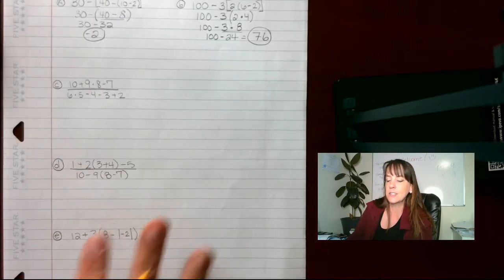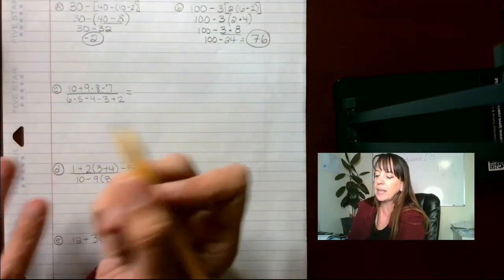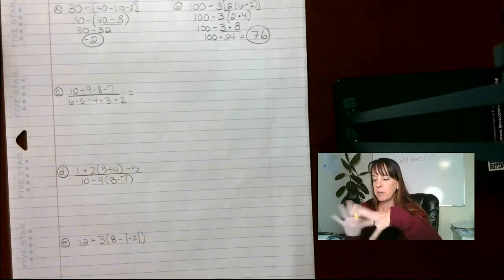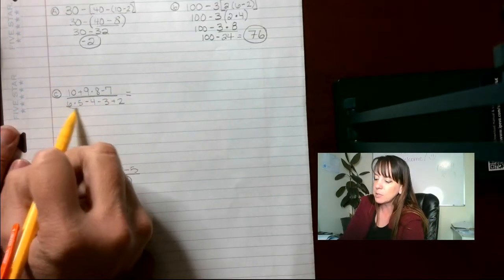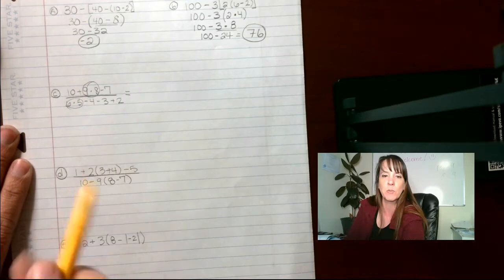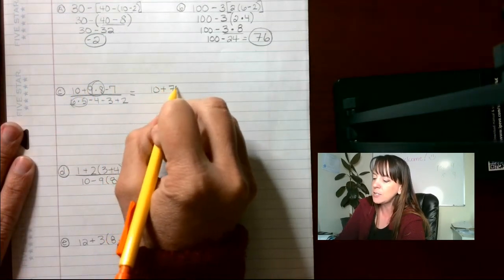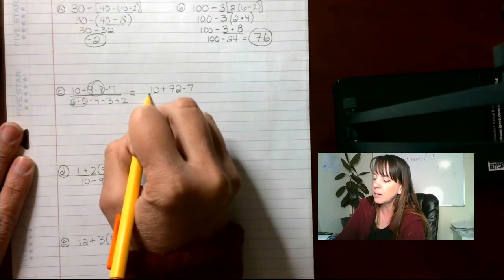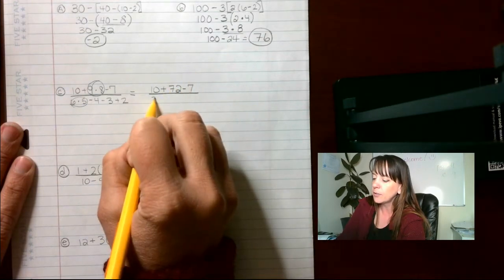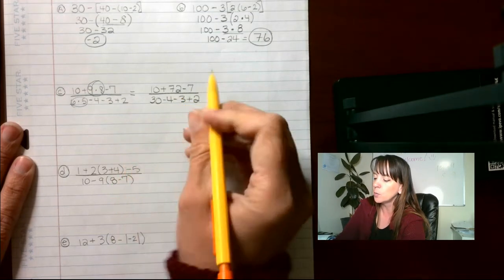All right, guys, let's look at our next one. Okay, so again, you want to do everything on top, everything on bottom before you go moving around. I see a multiplication here and a multiplication here. Oh, that was terrible. I just went right through my 9 there. So I end up with 10 plus 72 minus 7 over 30 minus 4 minus 3 plus 2 equals.